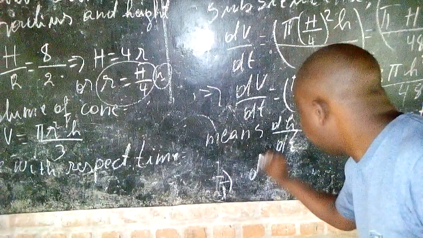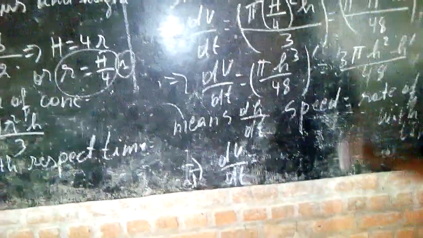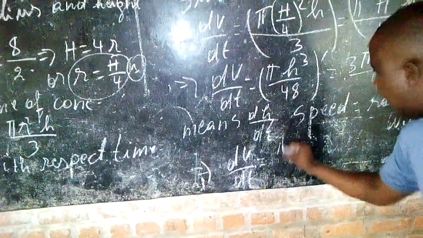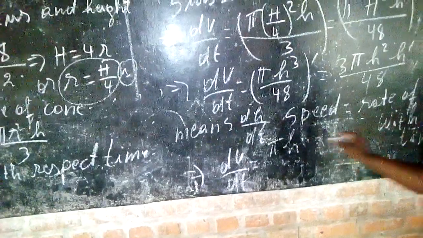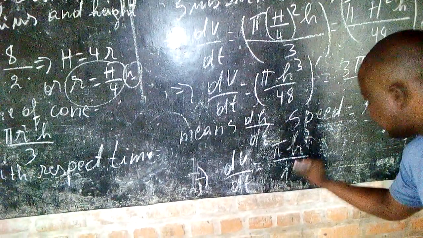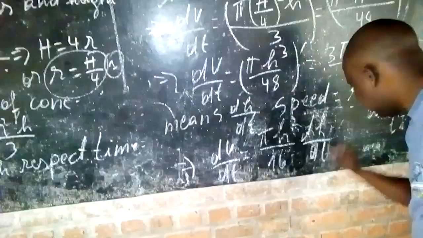Then we get dV over dt, which is equal to, after simplifying, pi h square over 16 times dh over dt.